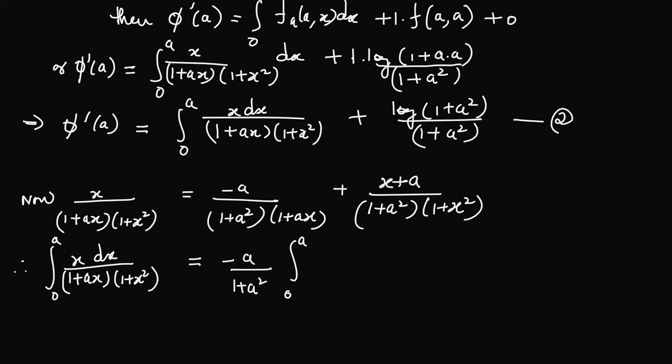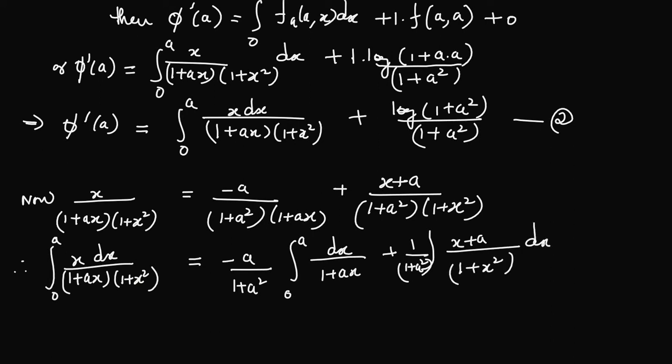Integral 0 to a, dx by 1 plus ax, plus the next one will be 1 by 1 plus a square. That one I can take outside the integral sign. Then x plus a divided by 1 plus x square dx.